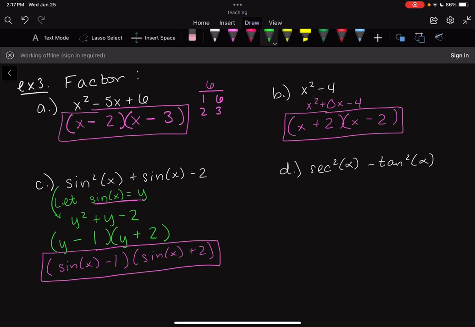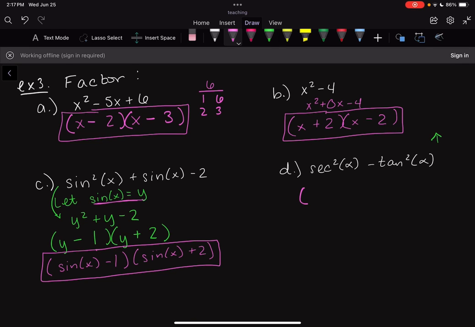Next, we'll do part D. And so this one is actually a lot like part B. It's just that instead of a 4, we're seeing a tangent. But this is also a difference of squares. That's what part B is called, a difference of squares.